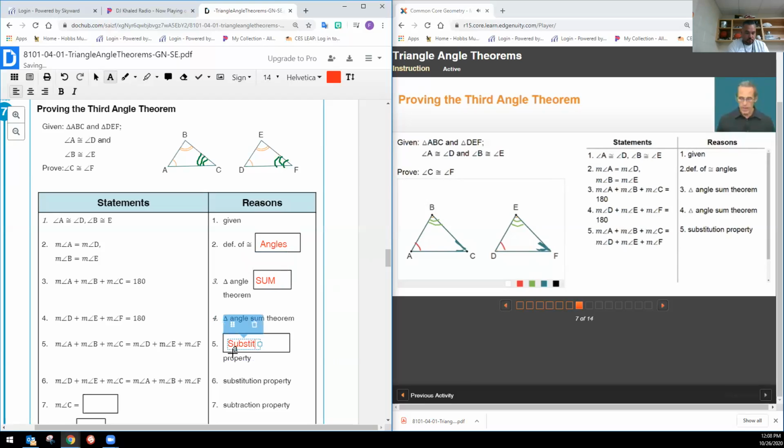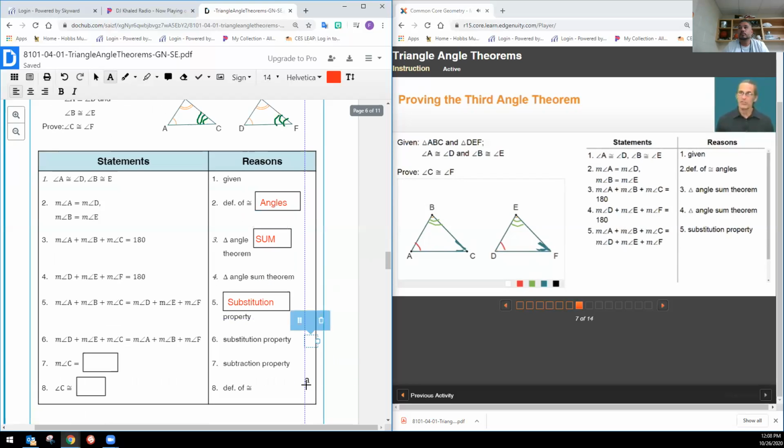And once we have those sums set equal to each other, look very carefully at step 2. Because while step 2 says the measure of angle A is equal to the measure of angle D, we can interpret this to mean we could replace the measure of angle A with the measure of angle D. So if I take a look at step 5, on the left side, I will replace the measure of angle A with the measure of angle D. Also, I will replace the measure of angle B with the measure of angle E, again, because of what I see in the second step.